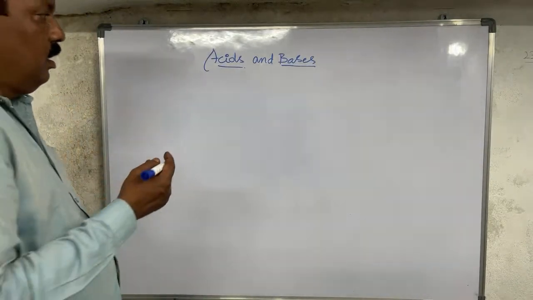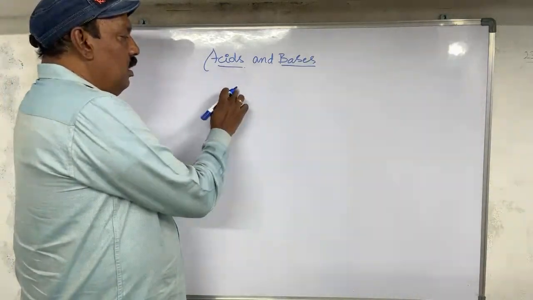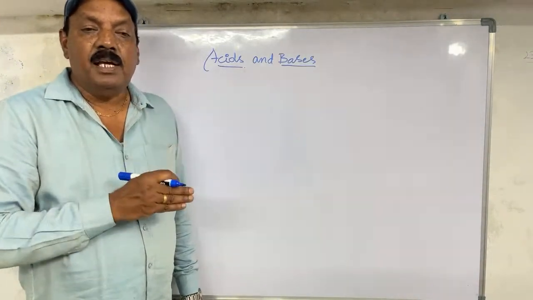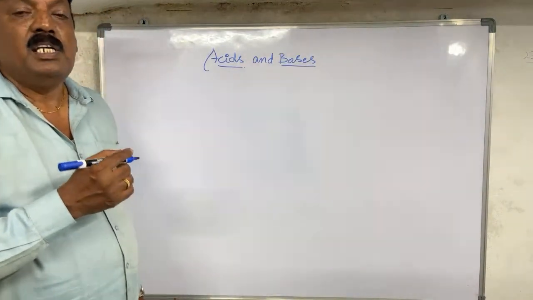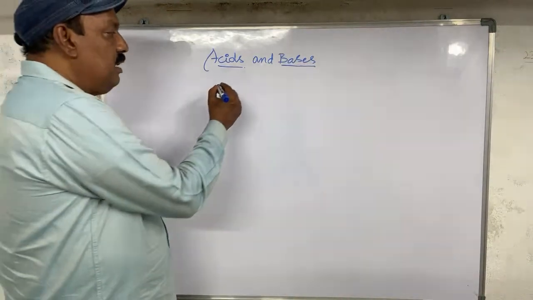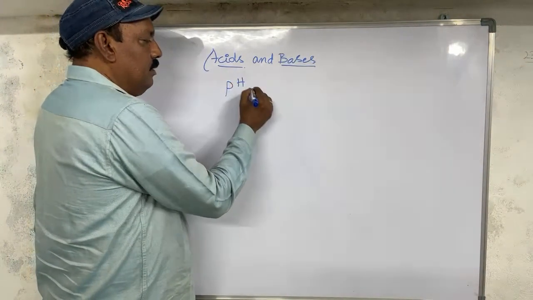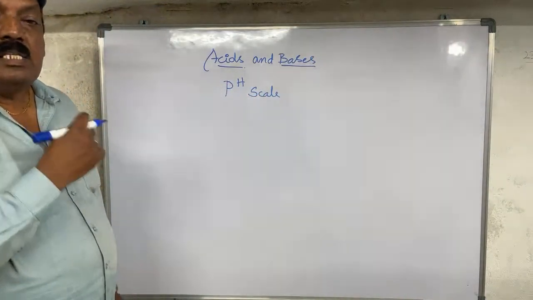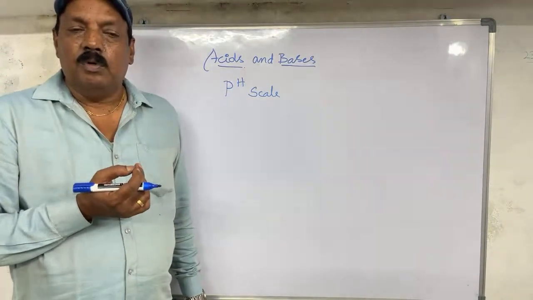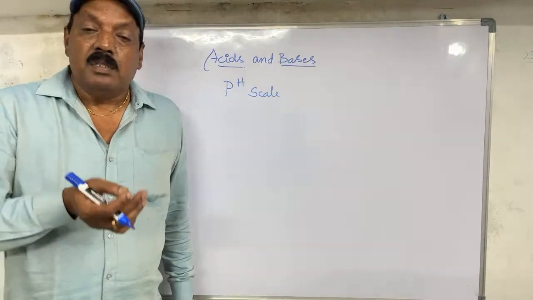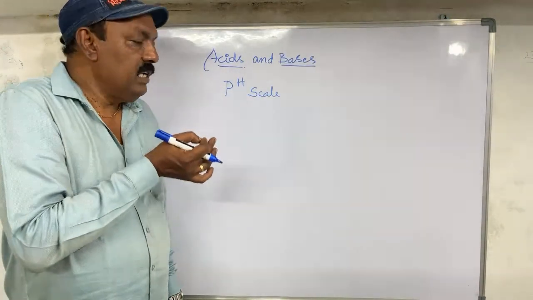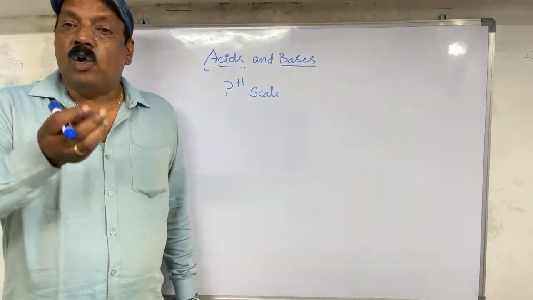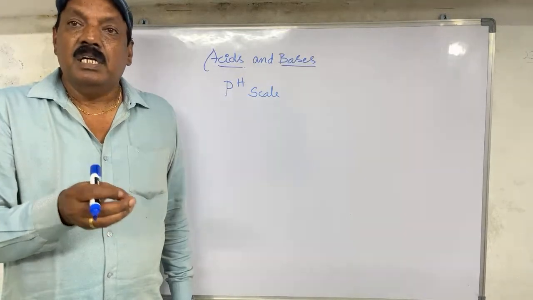Right. Now, to measure a strong acid, strong base, weak acid or weak base, we have one instrument, which we call the pH scale. The pH scale measures the amount of hydrogen ions present in an acid and the amount of hydroxyl ions present in a base.